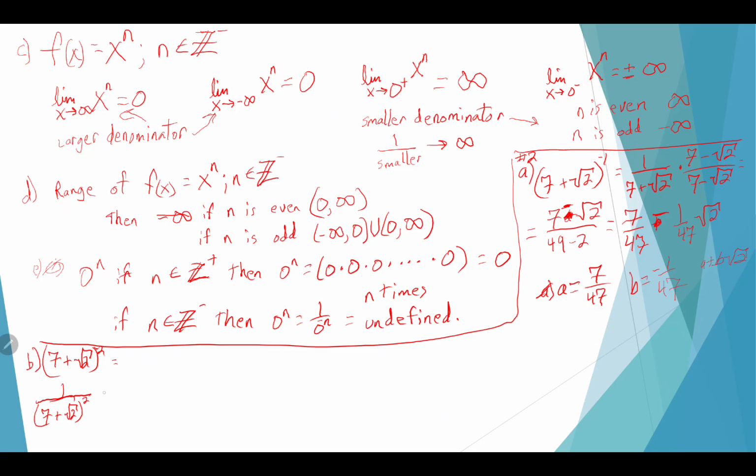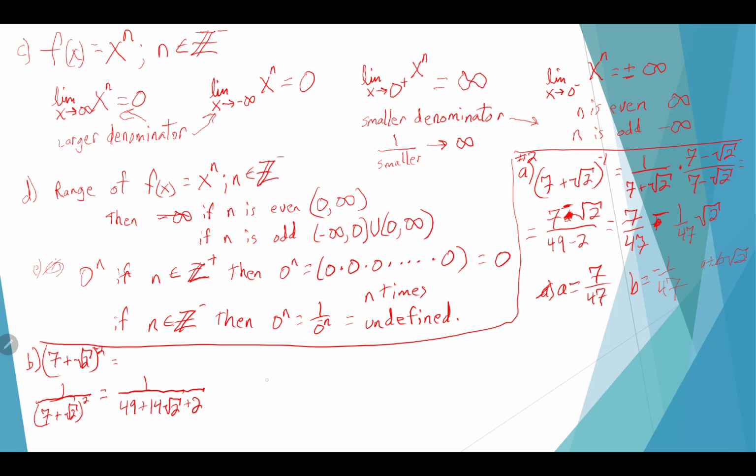So I have to deal with that. So let's deal with that. So this is going to be 1 over 7 times 7, 49. 7 square root 2 plus another 7 square root 2 is going to be plus 14 square root 2's. And then square root of 2 times square root of 2, both positive, is going to be plus 2.